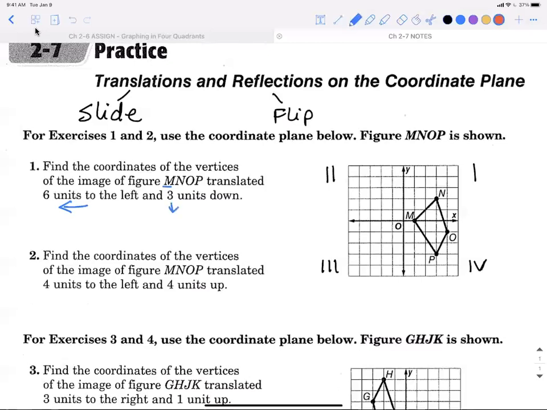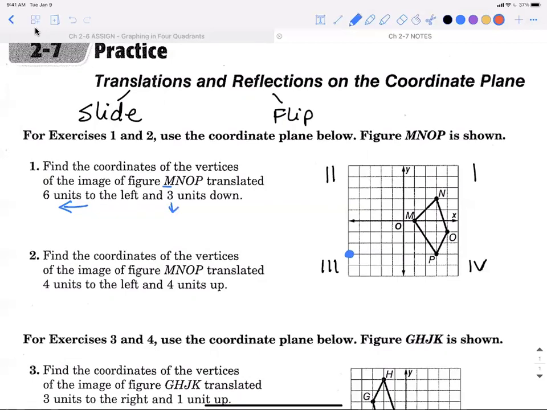So that means if we put our pointer right on M, right on that point, and then you count 6 spaces backwards, 1, 2, 3, 4, 5, 6, and then you go down 3, 1, 2, 3, your new point sits right here, okay?